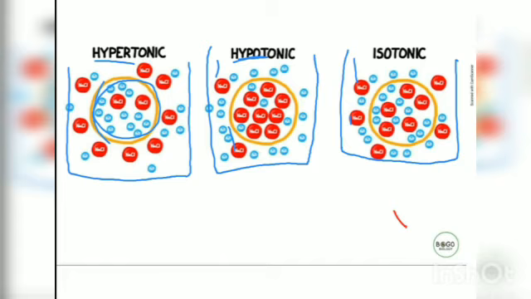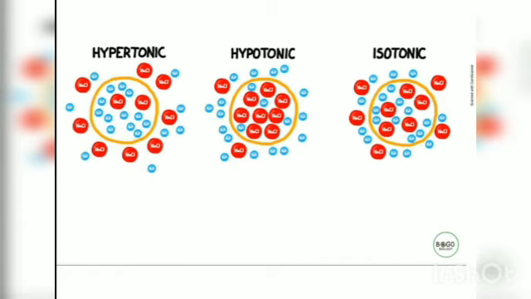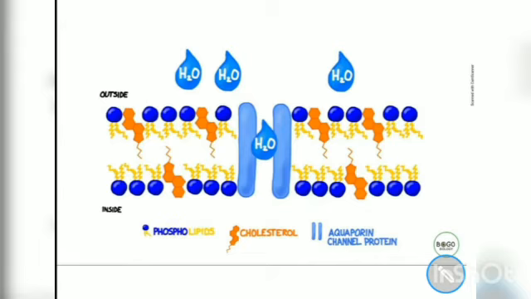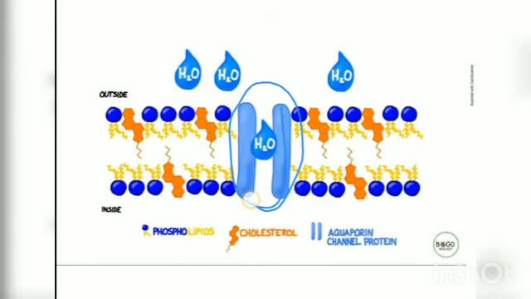If you put a cell, as you know, during the course of osmosis, the water moves. As you know, the plasma membrane is selectively permeable in nature. Look at here, this one is the structure of your plasma membrane. The water can transport through the aquaporin protein, a channel protein.